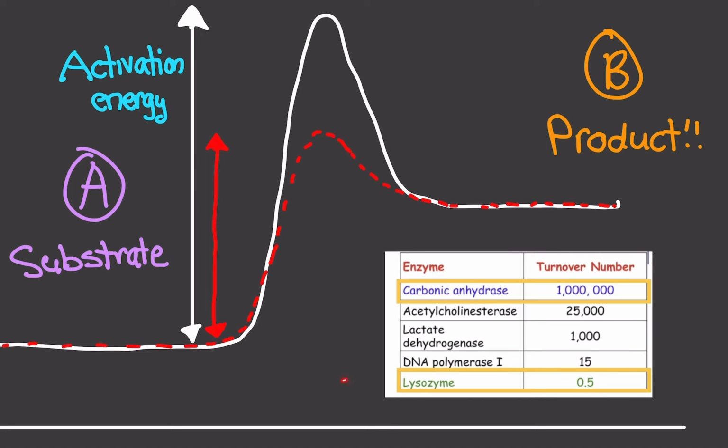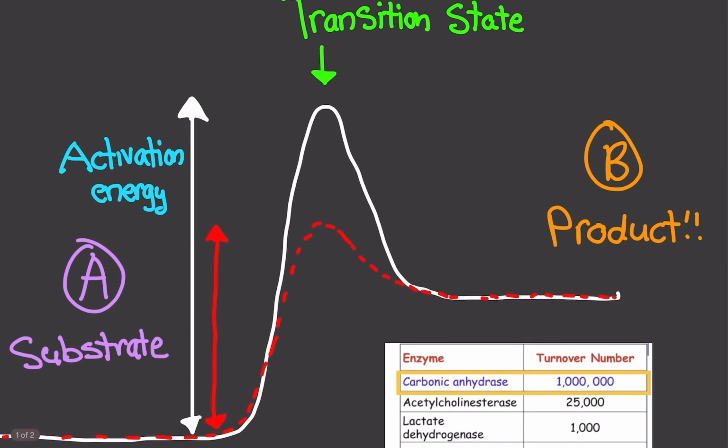With lysozyme, we only get 0.5 per minute. That's really low. The point I'm trying to make is that when we get to this point, it's not a guaranteed 100% that we're going to make products. We could actually roll backwards and go back to the substrate. That's the point I'm trying to make with the transition state.